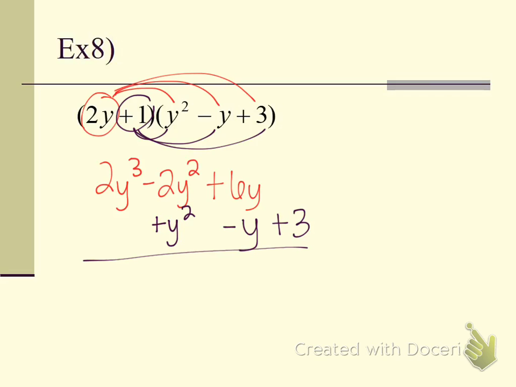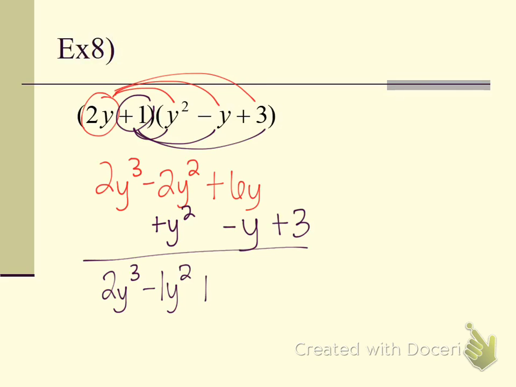When we combine like terms, 2y cubed had nothing to combine with. Negative 2y squared plus y squared would be negative 1y squared. Positive 6y minus y, or what? Dominic?